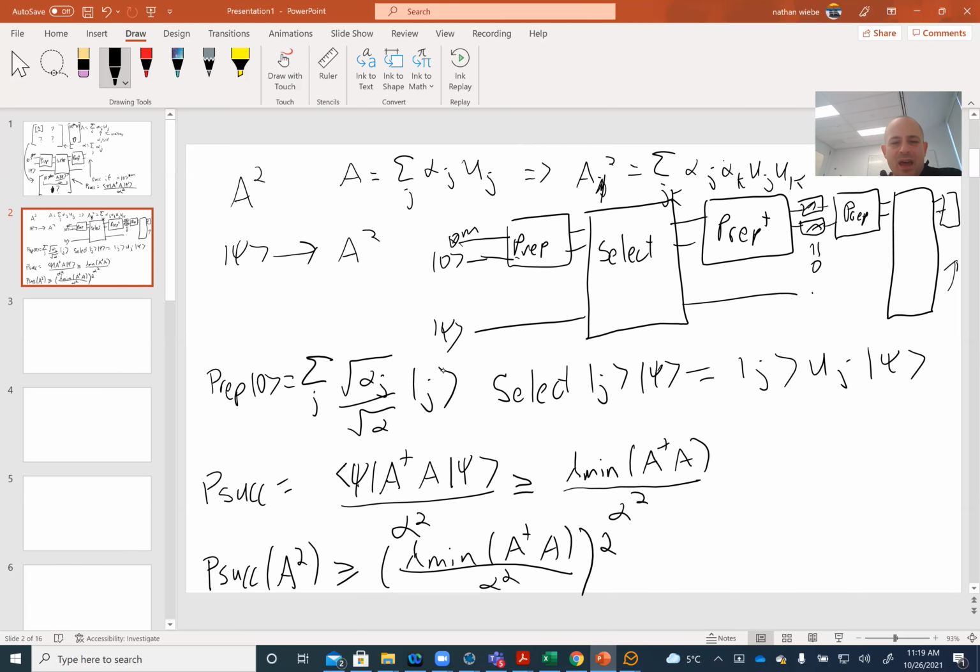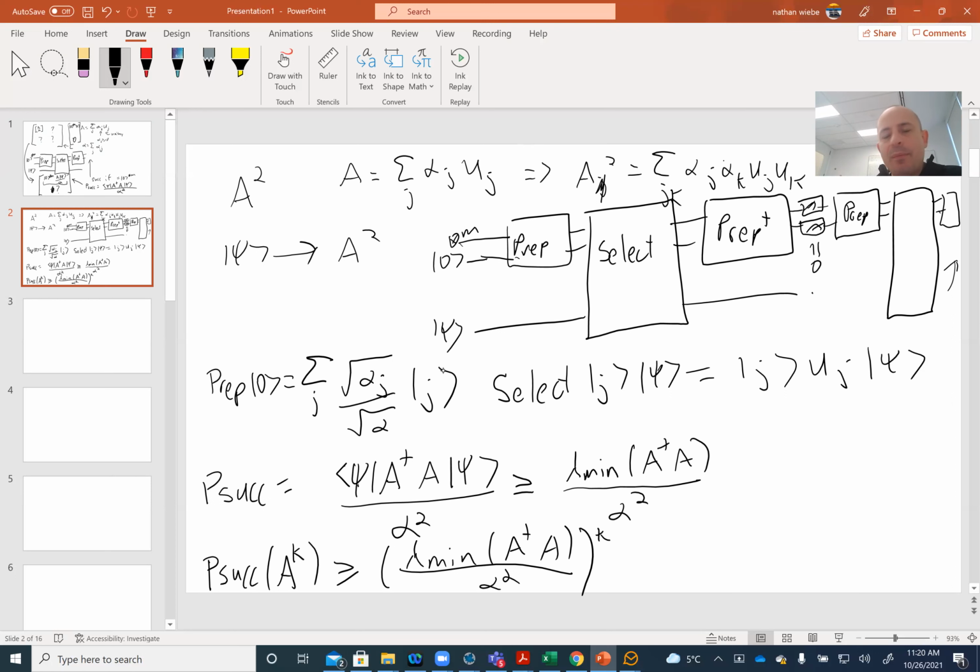And furthermore, if we generalize this exact same idea and want to apply it k times, then this probability of success is going to drop exponentially. So this might be okay for many contexts. In fact, it often is, if we want to just apply an arbitrary matrix once.